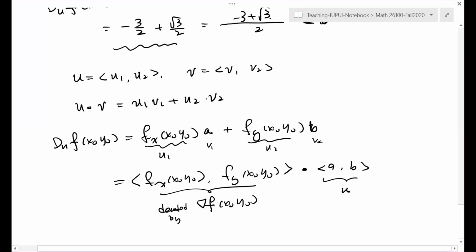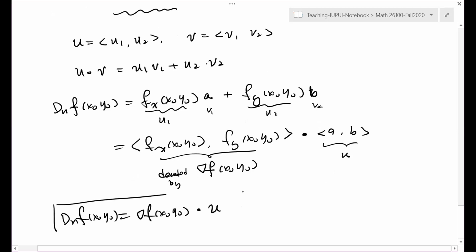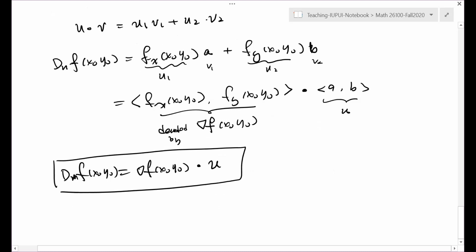When you write the formula, you don't want to put all the details there, so it is simply written in this form. That is the formula for the directional derivative: the inner product of two vectors. One vector is the direction u; the other comes from f, the vector formed by the partial derivatives.